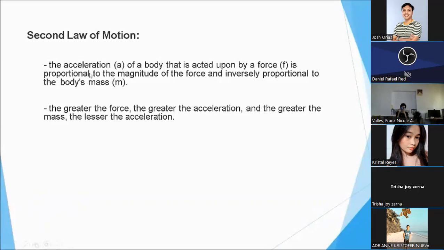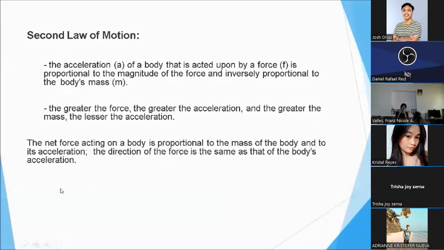Now, we described acceleration in relation to mass and force. But what about force? Kasi dito sa first law of motion, it said that it is a net force that will cause an object to change its state of motion, or in other words, it is a net force that is responsible for a change in velocity.